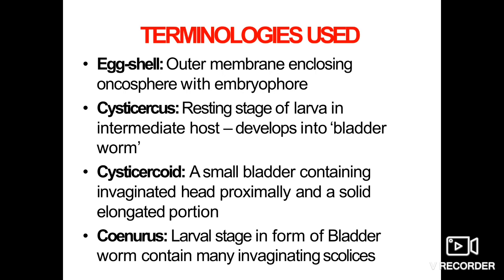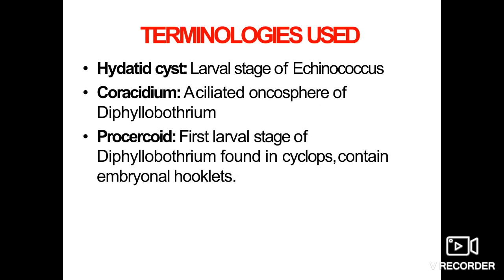Coenurus is a larval stage in the form of a bladder worm. Hydatid cyst is used in the case of the Echinococcus parasite, which is also included in this lecture, and that is very important.